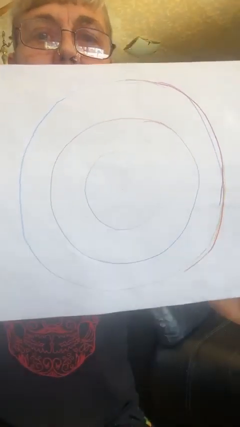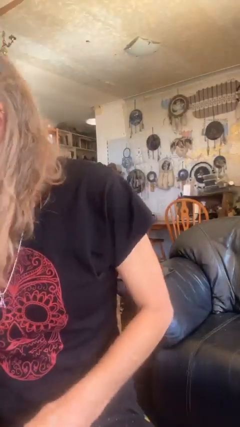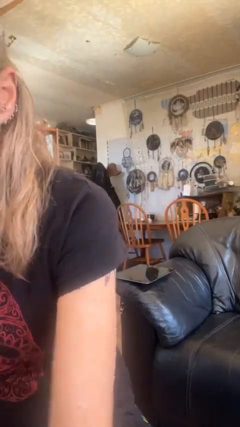Kind of looks a little bit like the spiral, but the circles are all joined, not a spiral. And this one is an abundance grid. For this, I just set the intention to have enough money each week to pay my bills, have enough food on the table, and provide for any extras my family may need. So that's my intention.